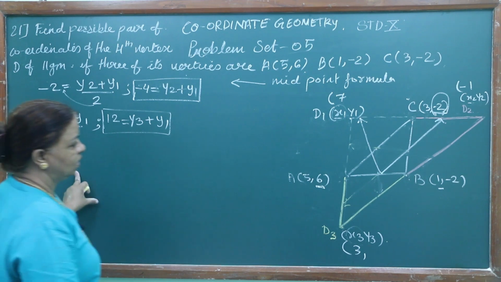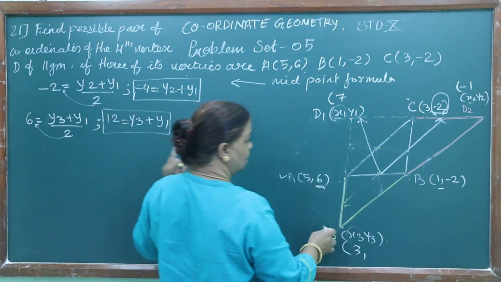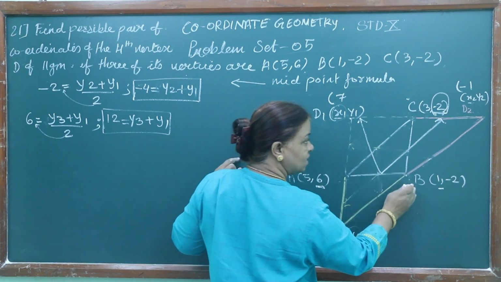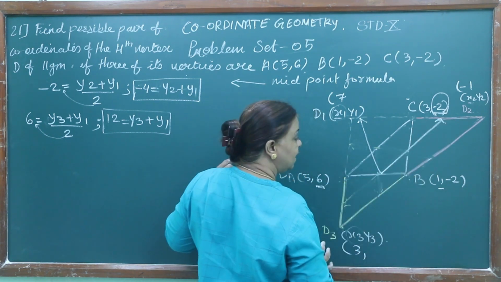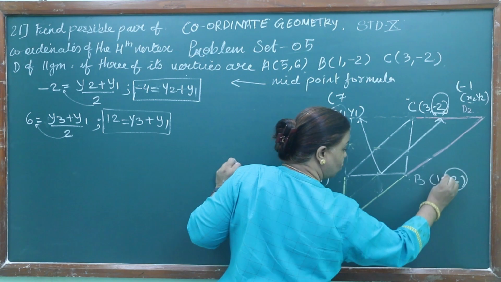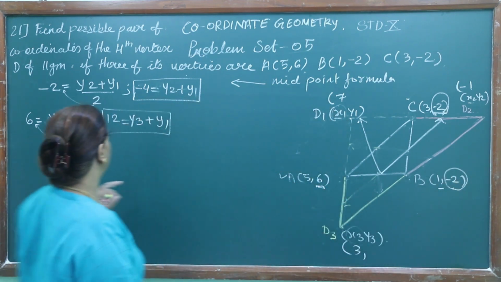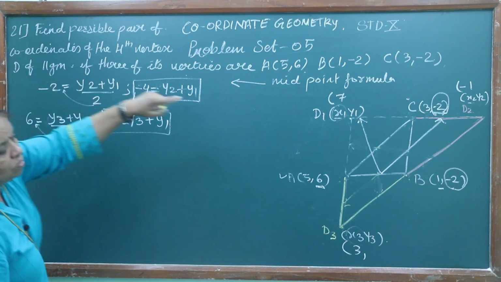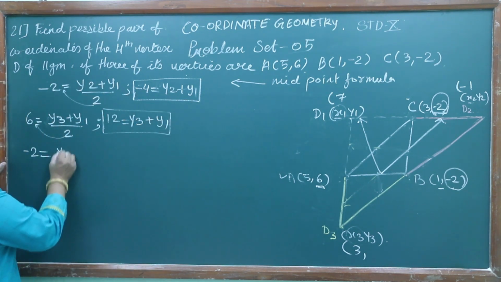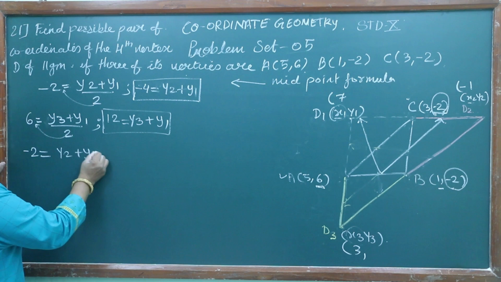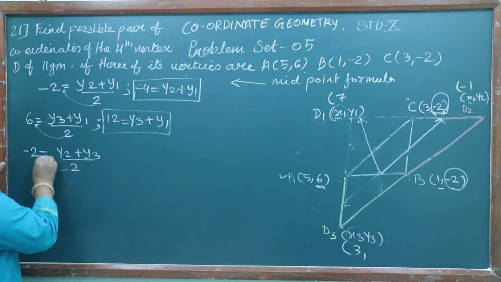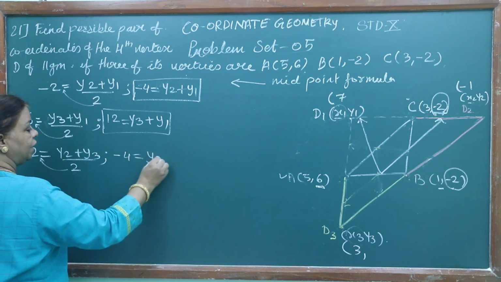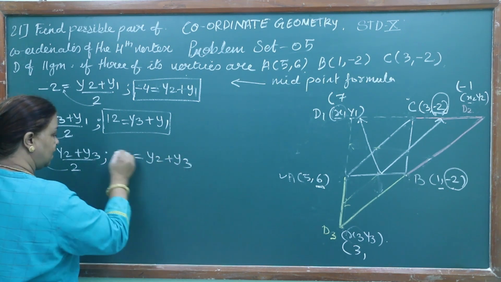Now A is a midpoint of D1, D2. Similarly, B is also midpoint, we have already proved. B is the midpoint of D2 and D3. So y coordinate of B will be equal to minus 2 will be equal to y2 plus y3 upon 2. 2 will multiply here. Minus 4 is equal to y2 plus y3.